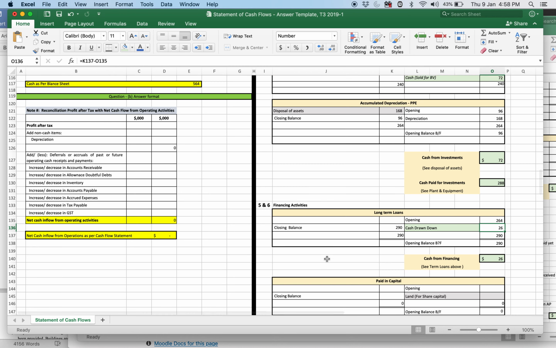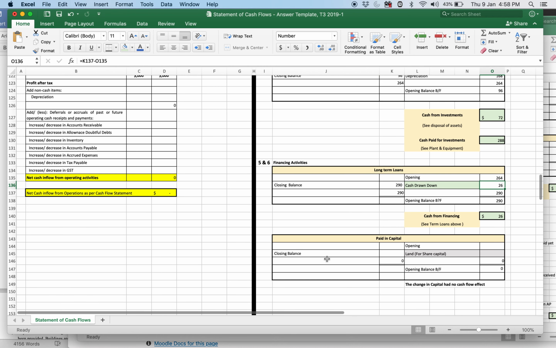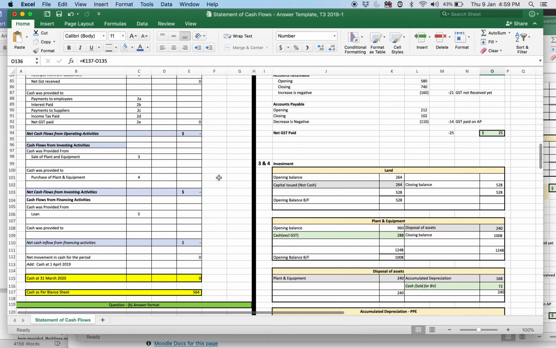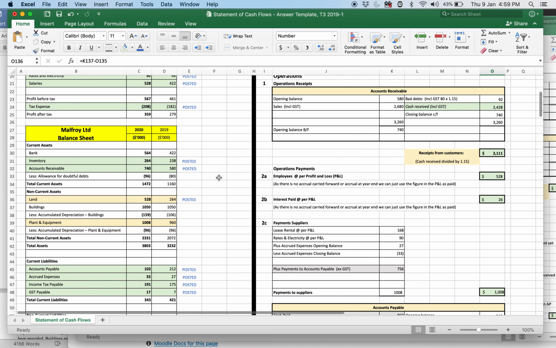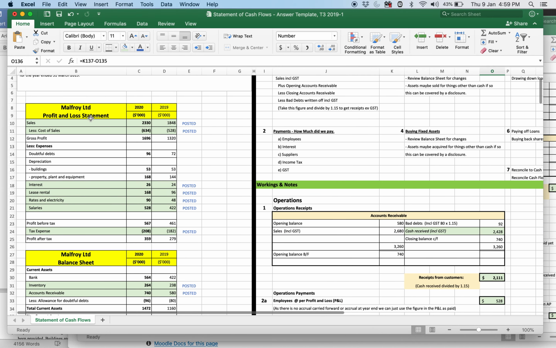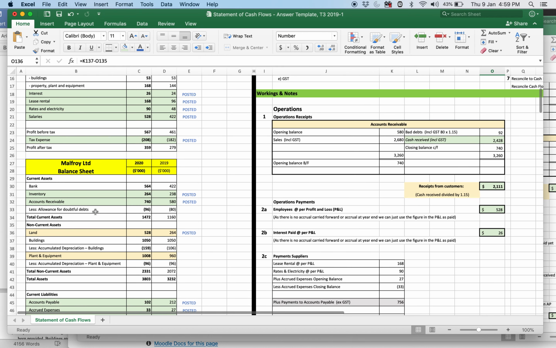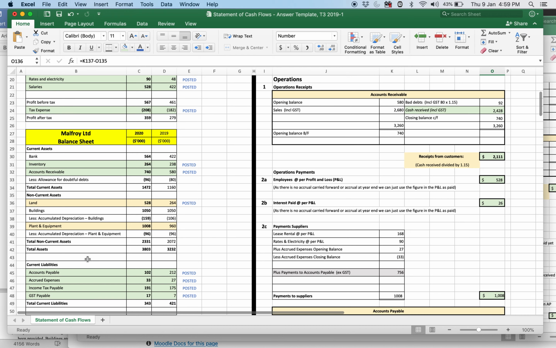We've drawn down an extra 26. Cool. That leads us to the last thing, capital. We know that because if I go through here, we're pretty happy with the P&L. We've done everything there. We've covered off everything in here pretty much.